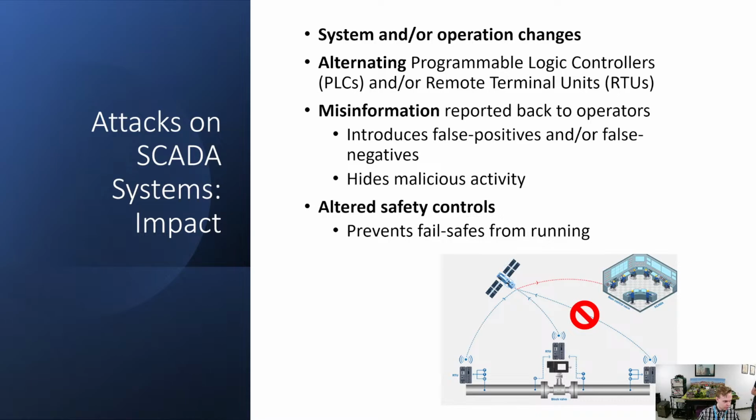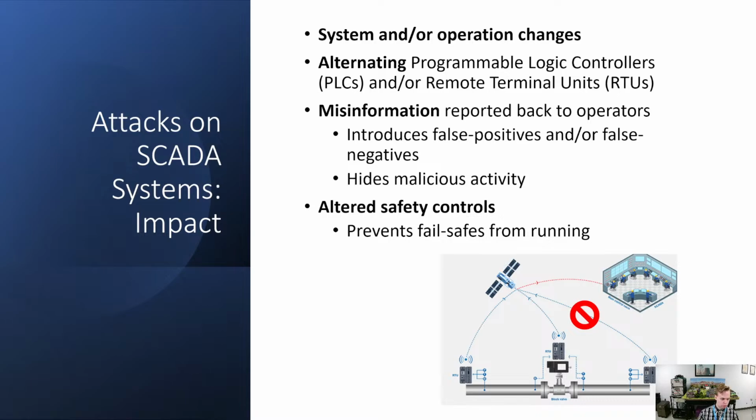Just as a quick recap, what happens when one of these SCADA systems is attacked? The attacker might be looking to make system and or operation changes, altering the PLCs and the RTUs just to change the behavior of the system and possibly even to change the information that they're reporting back to the operator. So this might introduce things like false positives and false negatives.